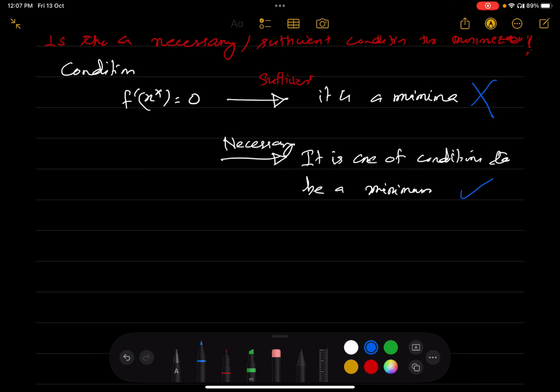It's not that tricky, but let's understand this is a necessary condition. If you have confusion on necessary and sufficient conditions, you can refer back to my lecture on necessary and sufficient conditions. I'll do a separate lecture on the logic of it. So just understand this is a necessary condition.